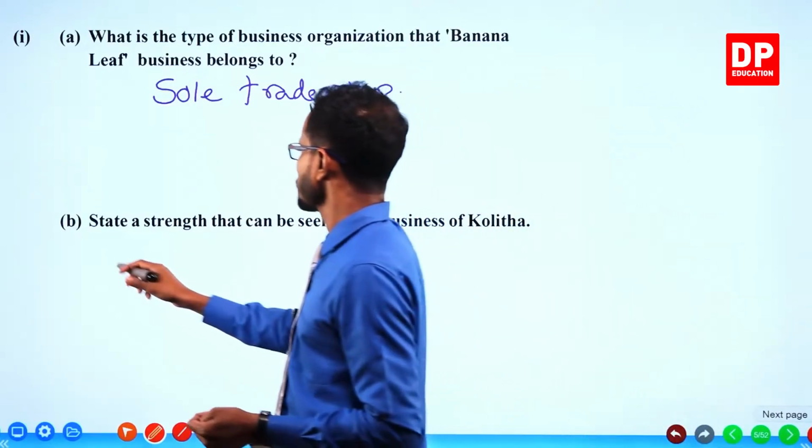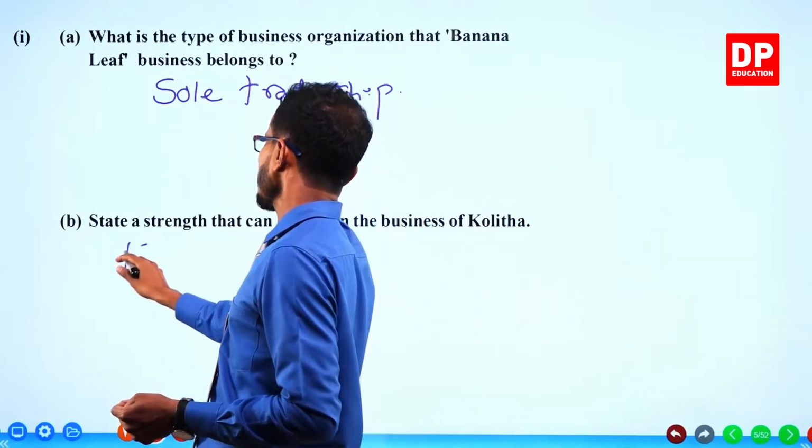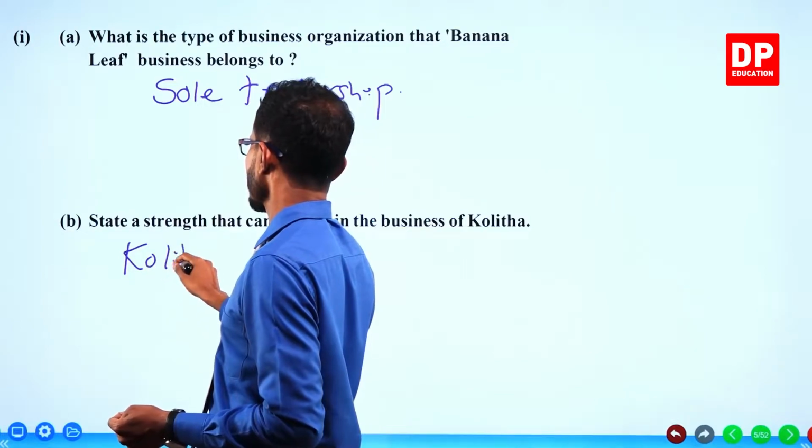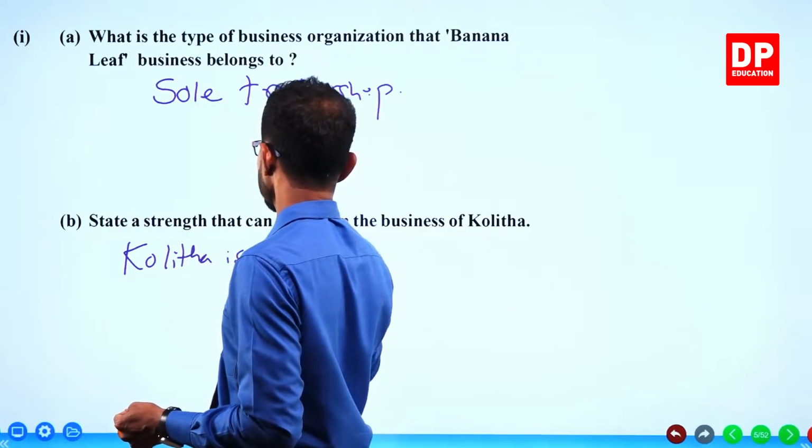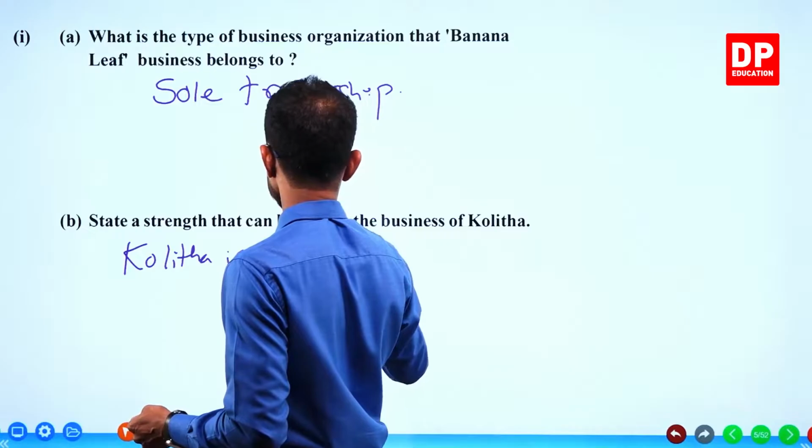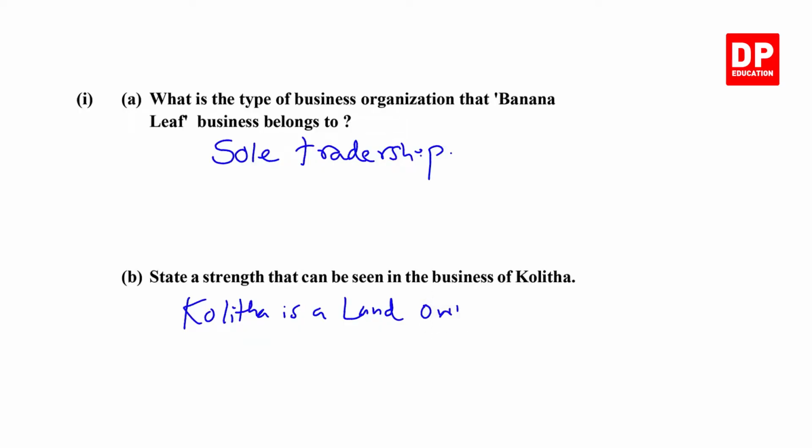Write down. Kolita is a land owner. Another one you can write, he is a degree holder.